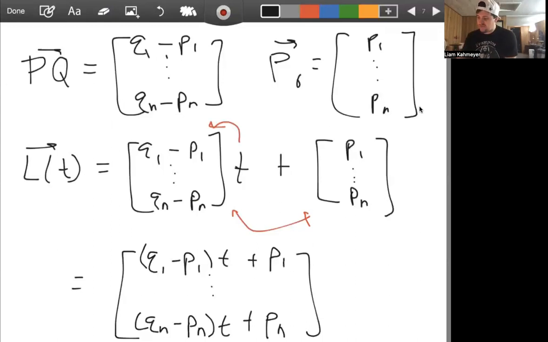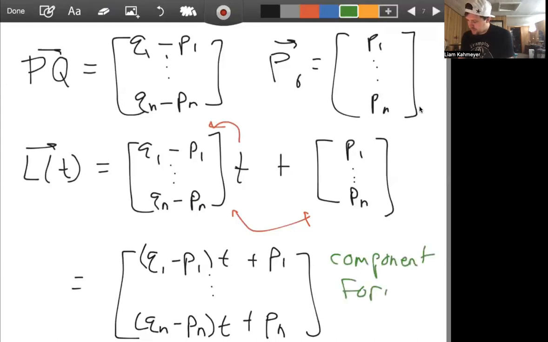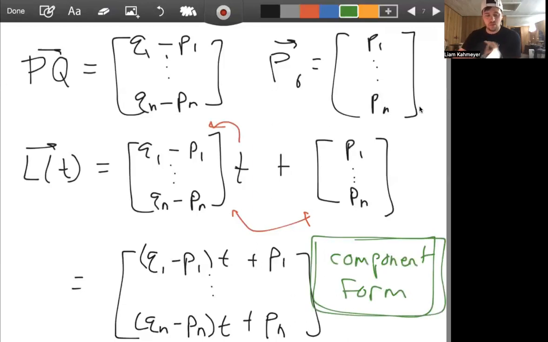Now, what do we have here, right? We've written this much more explicit, and we'll call this our component form, right? Because we're now much more explicit with the components of this line.